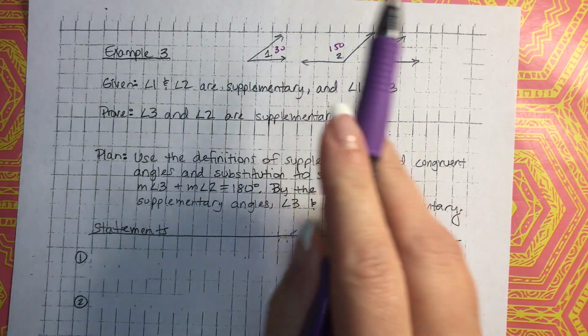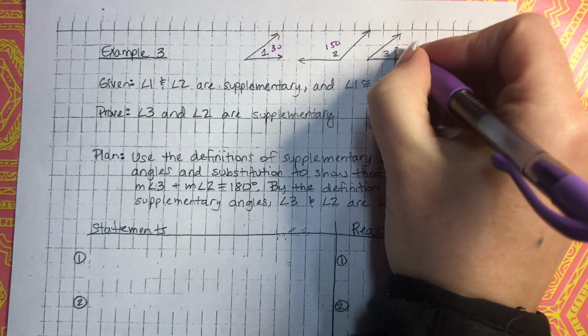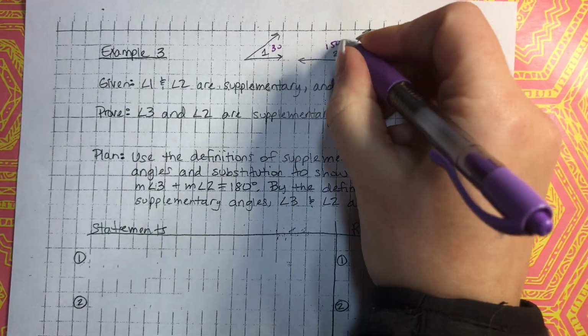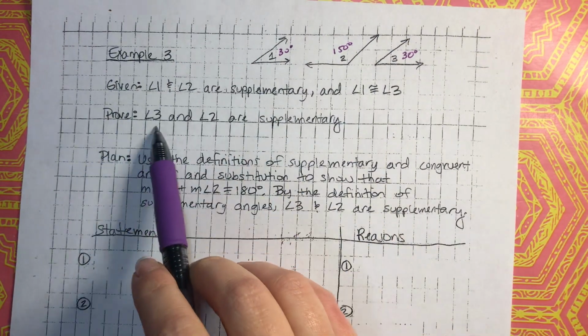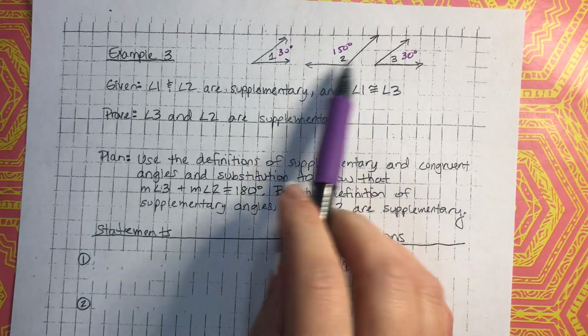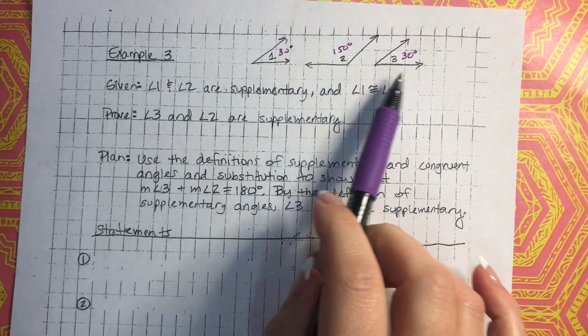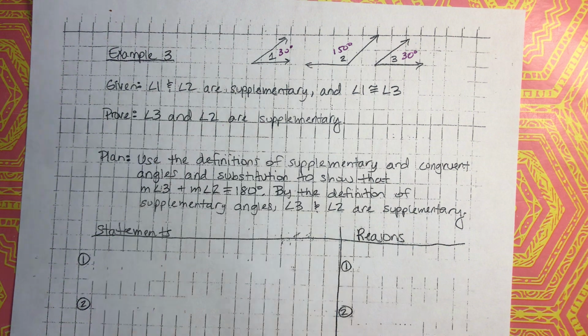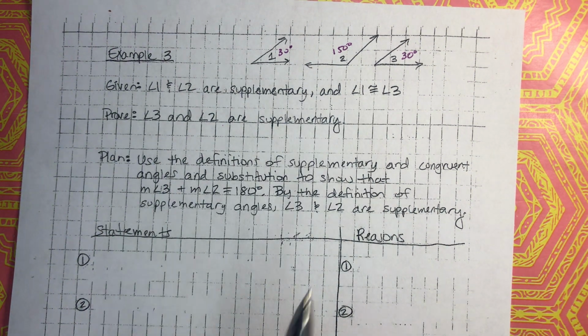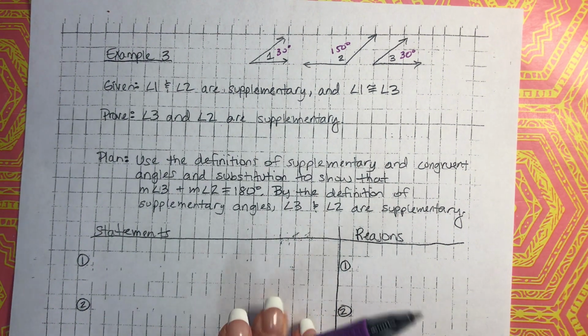So if 1 is 30, then that would mean that 3 is 30 degrees. And we need to prove that 3 and 2 are supplementary. Using our numbers, we can see that they are supplementary. So now we just need to figure out how we're going to prove it.